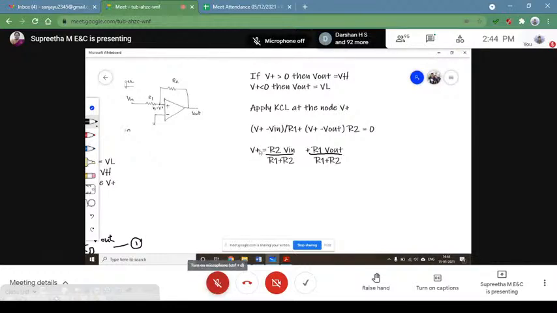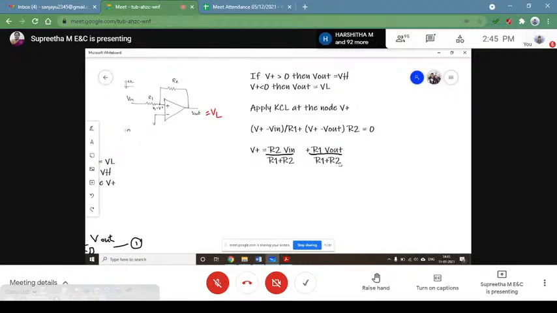So with this, let us analyze it as we did for the inverting Schmitt trigger. When the output voltage is at VL, so if my V out is equal to VL, let us take my input voltage is at V1.